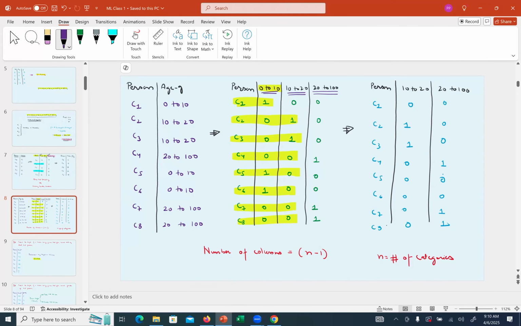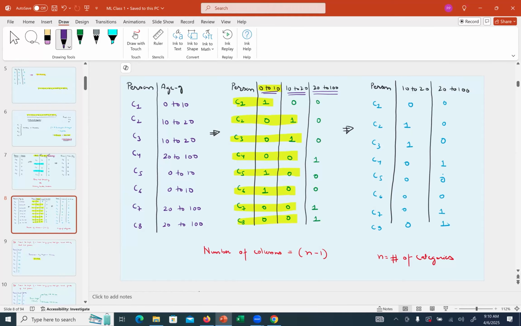Okay. Now, we don't need all three flags. If you give me the value of any two flags, that will be enough. Okay, and I can predict the value of the third on my own. So again, any two flags you need to choose, and the third one you will drop, right?